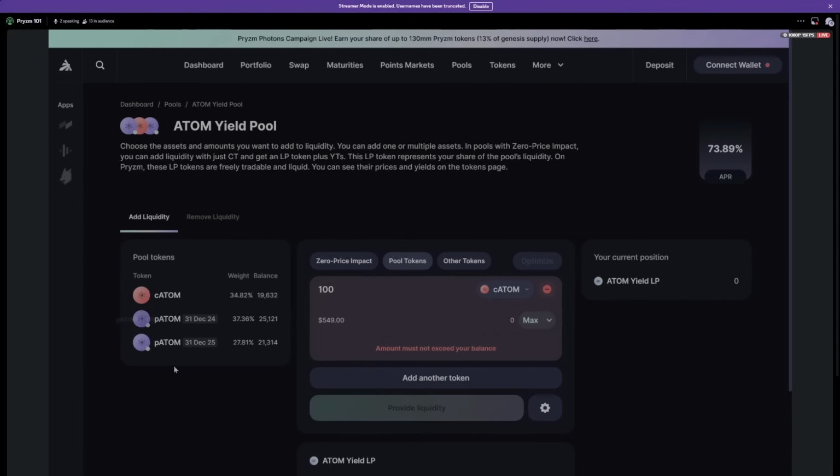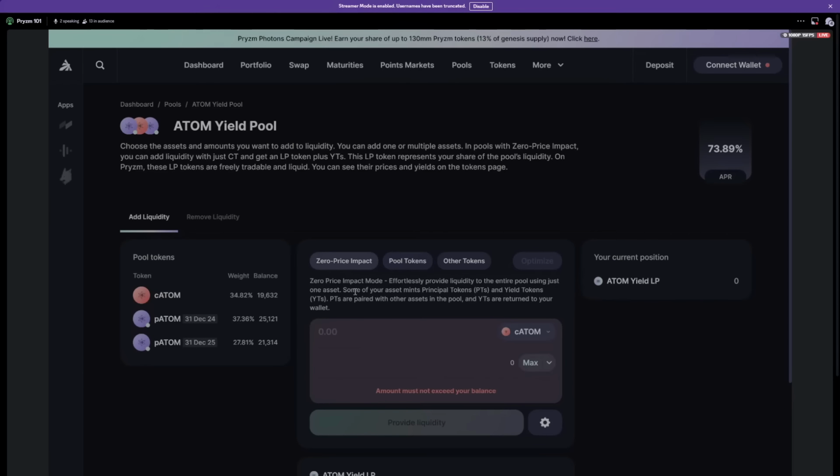And so the pool has remained unchanged in its weights, and I receive a liquidity provider token, and there's some swaps going on in the background. Those swaps have a low price impact.